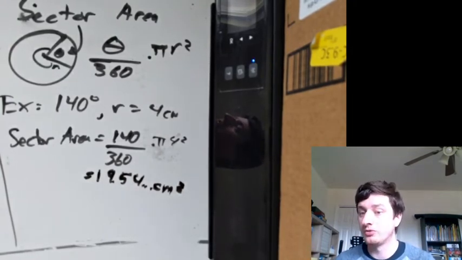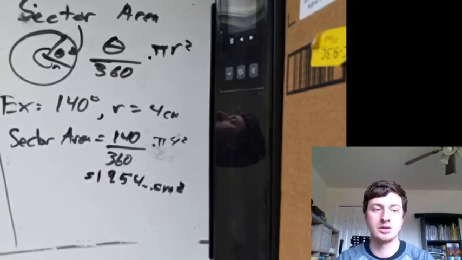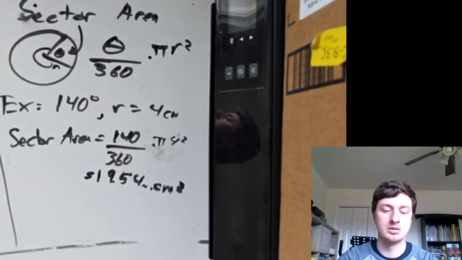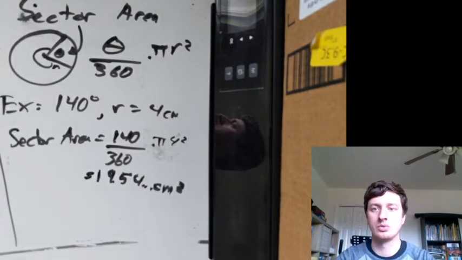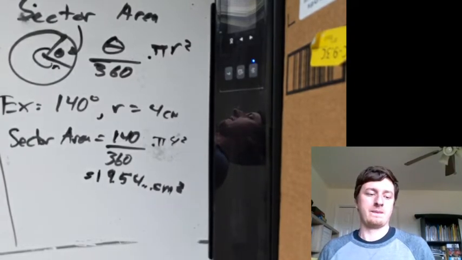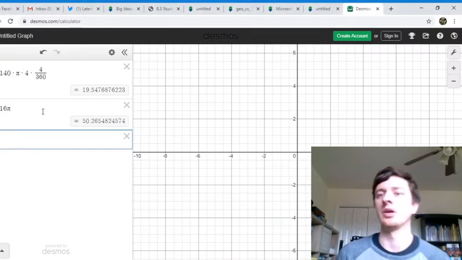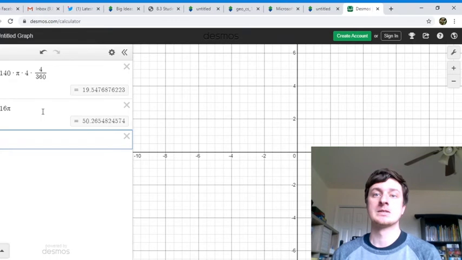Which hopefully makes sense. Our total area is going to be 16 pi, which is much bigger. If we go back here, 16 times pi is 50.